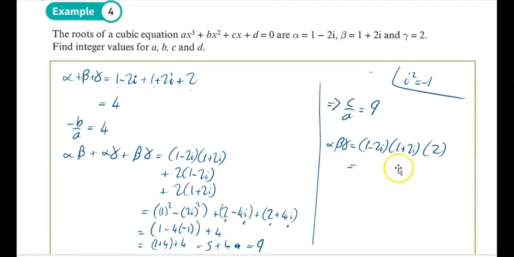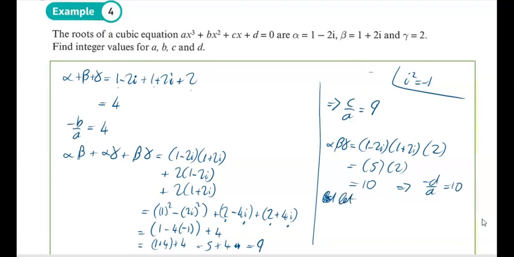And here, this is why it's important we set this thing out. 1 minus 2i upon 1 plus 2i worked out to be 1 plus 4, so it worked out to be 5. So those first two brackets just work out to be 5 times 2, so it works out to be 10. Sorry, I forgot to say, that implies then that my minus d over a is equal to 10.